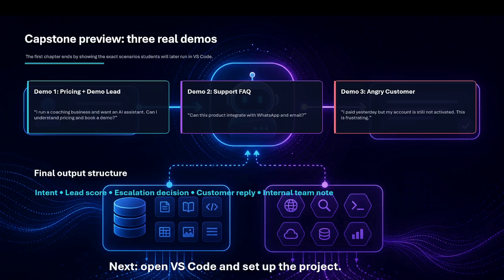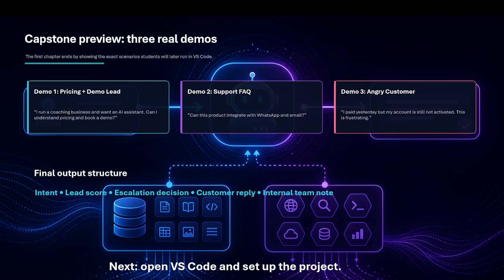Let us take one example. Imagine a lead writes, "Hi, I run a coaching business and I want an AI assistant for my website. Can I understand pricing and book a demo?" A weak chatbot may simply say, "Yes, you can book a demo." But our agent will do more. It will identify the intent as pricing and demo request.